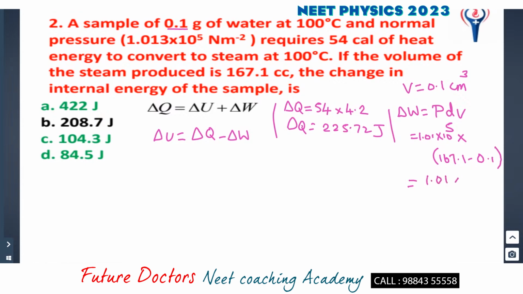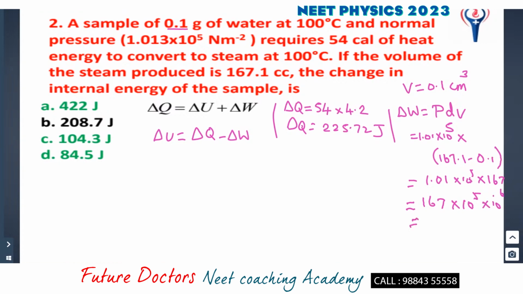1.01 into 10⁵ into 167, you can write straight away 167 into 10⁵ into 10⁻⁶, because cm³ converts to m³.